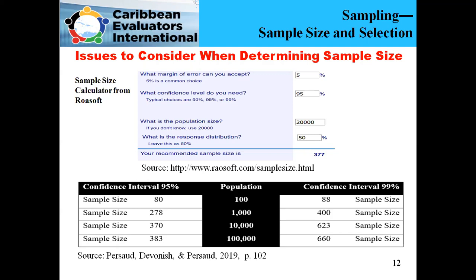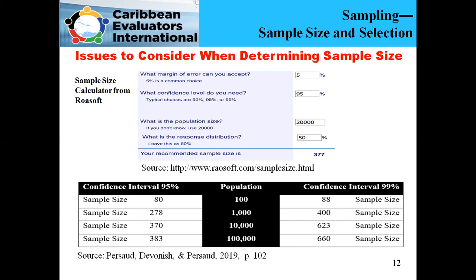Therefore, I usually recommend that we add at least 5% to whatever number is generated by the sample size calculator to cater for possible non-response that may occur, so that we would have some additional participants that we can send a questionnaire or whatever our instrument is to gather our data.